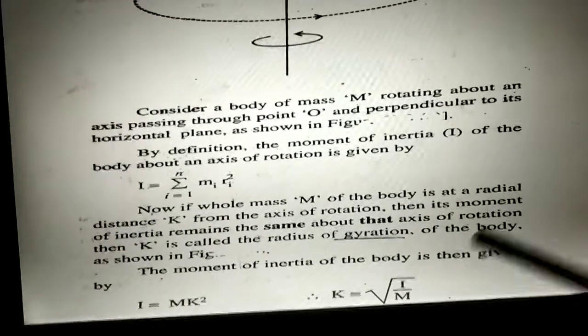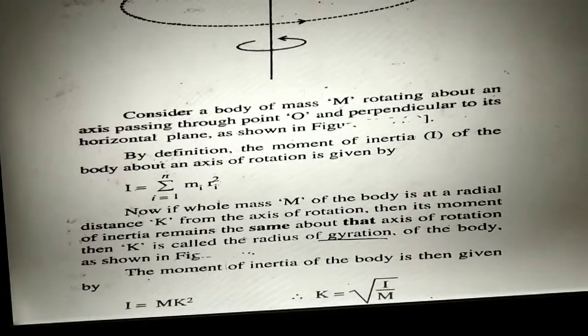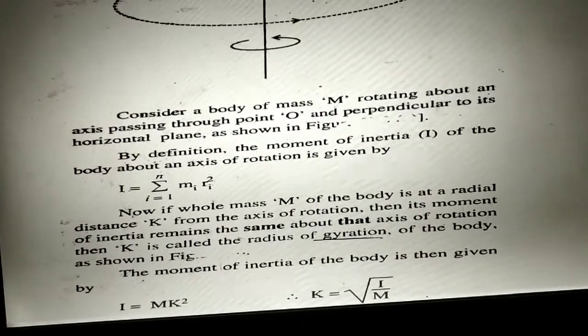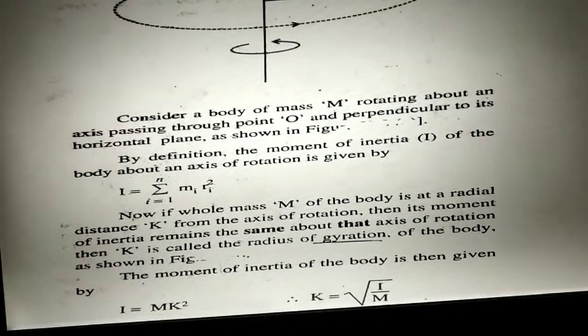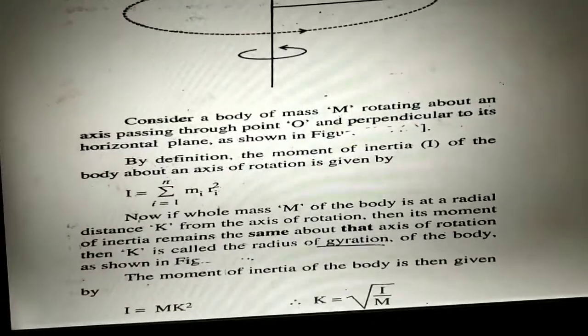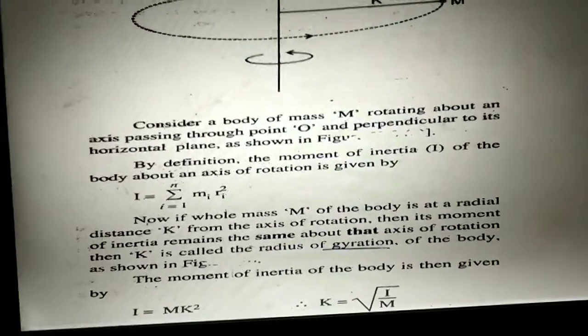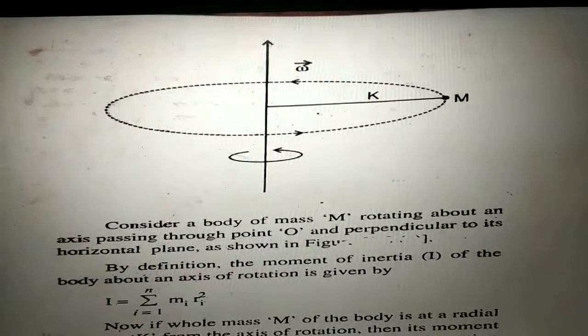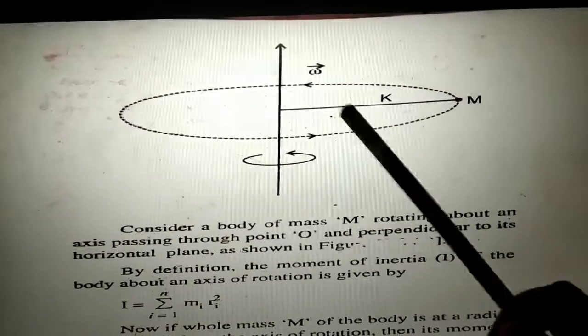So gyration means any object which is moving in a circular path, and radius of gyration is the radius of that circular path. The physical significance is that the radius of gyration tells you how the mass is distributed about any axis of rotation.